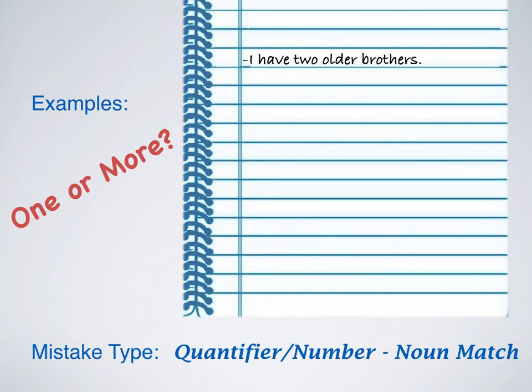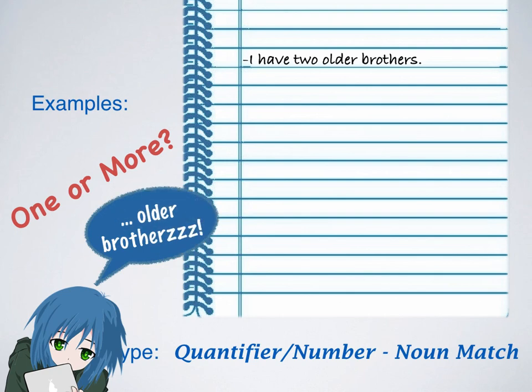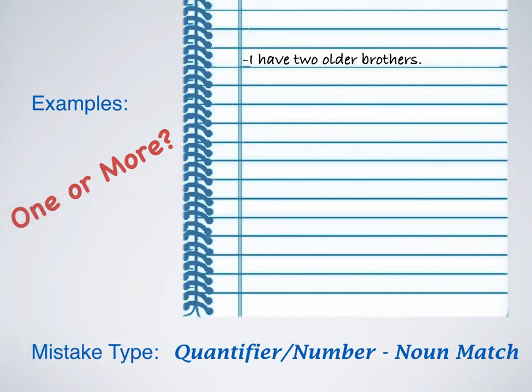I have two older brothers. If you can, read them aloud after me. It'll help you to remember the point in the future. Next one. These businessmen will arrive sometime.